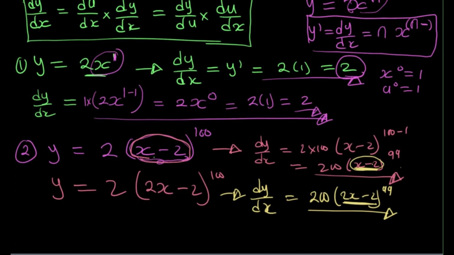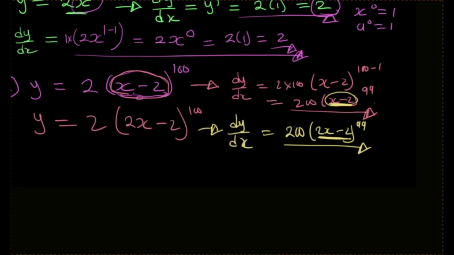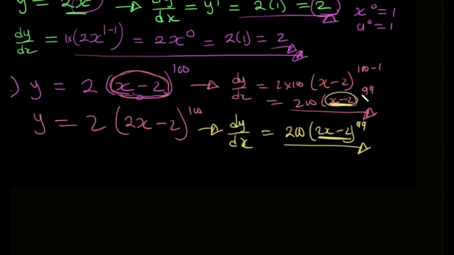So if we introduce chain rule, we multiply that with the derivative of what is inside. The derivative of x minus 2 is just the derivative of x, which is 1.